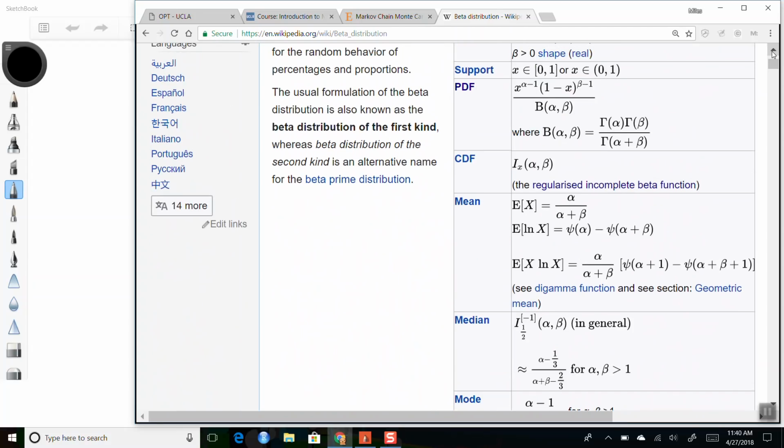This is all I want. All right, so here we've got the PDF is x to the alpha minus 1, 1 minus x to the beta minus 1 divided by the beta function of alpha comma beta, where beta of alpha comma beta is equal to gamma of alpha times gamma of beta divided by gamma of alpha plus beta.